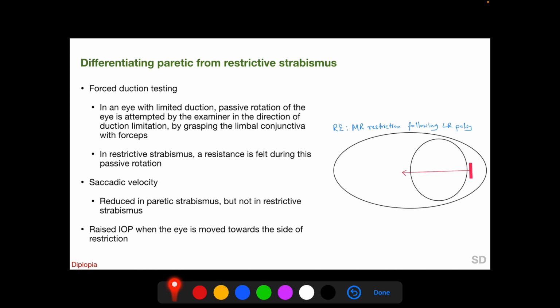With a paretic muscle, the saccadic velocity is reduced when the patient attempts to move the eye in the direction of action of the muscle, but with a restricted muscle, the saccadic velocity is not reduced when the patient attempts to move the eye in the direction of action of the muscle. Also, when the eye is moved in the direction opposite to the direction of action of the restricted muscle, the intraocular pressure may be found to be raised.